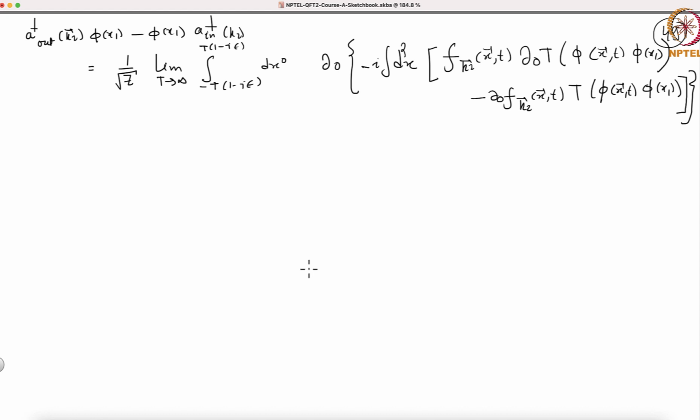So if I do that, I will get the following: 1 over square root of z, limit t going to infinity. I will just write dx naught, I will not write the limits explicitly. Then you have d cube x from here, and then let's collect everything else. This minus i I am going to pull out and write here, minus i.